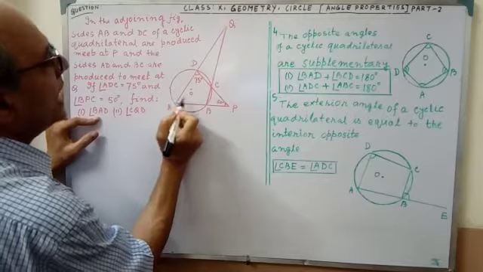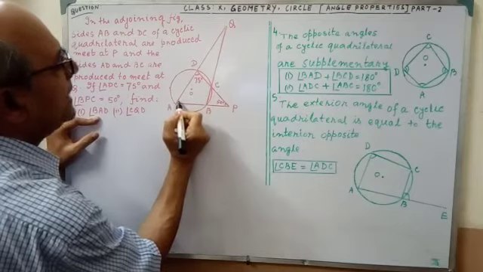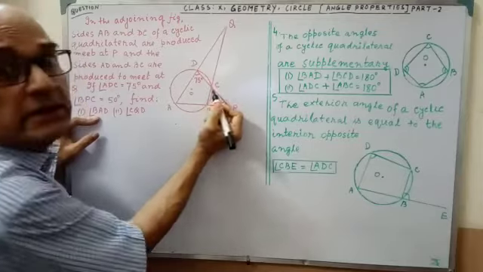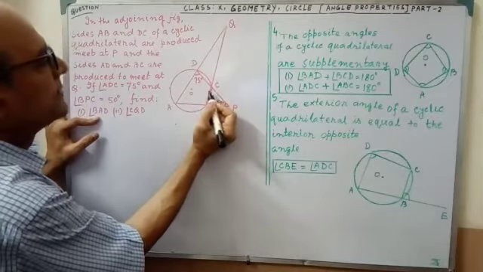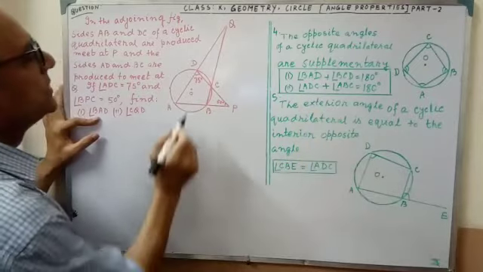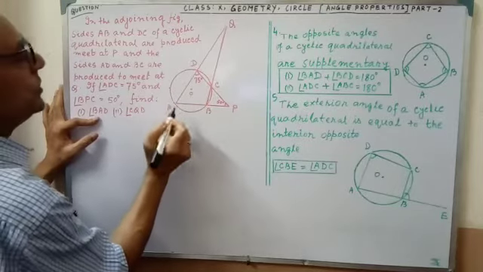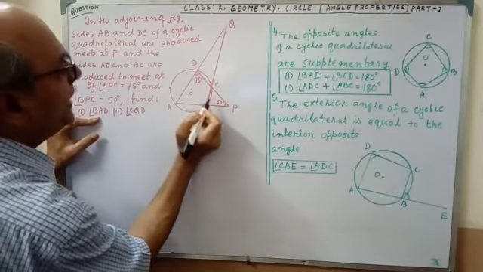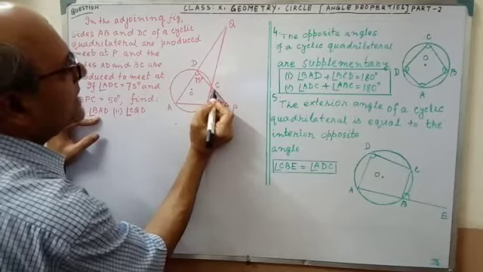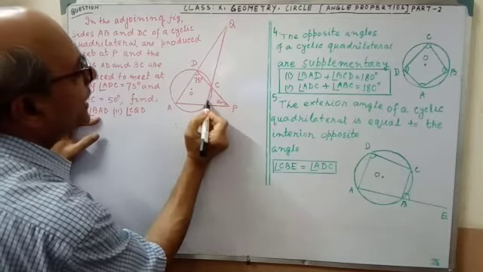This angle in the quadrilateral ABCD has an interior opposite angle. So on the basis of this theorem, we have to find out this angle first.